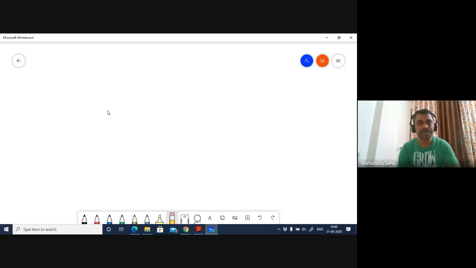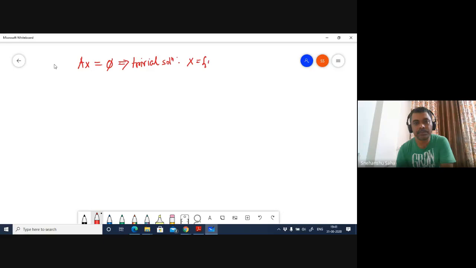Like for example, if I write something like this, what I know straight away is that there exists a trivial solution, which is nothing but the zero vector. Because for any matrix, it doesn't matter, if you multiply that matrix by a 0-column vector, your output is going to become 0.